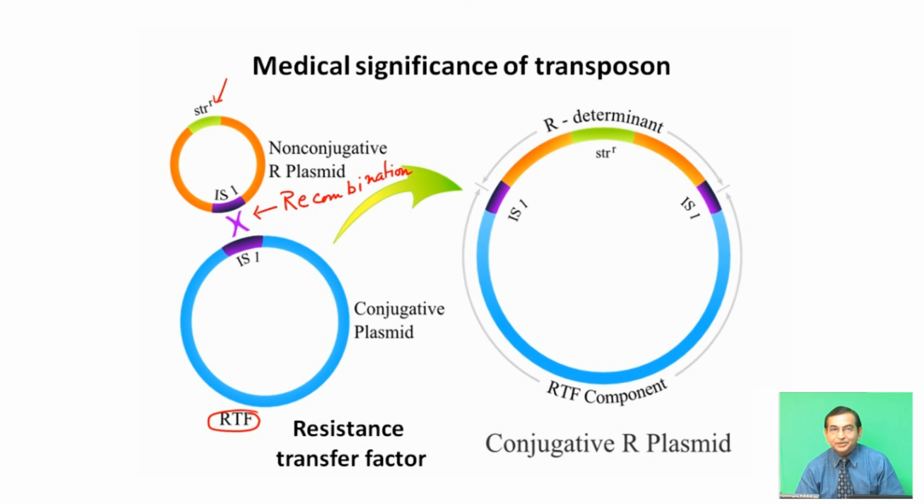This is called the R determinant, so it has two main components, the R determinant, the resistance determinant, and the RTF component. This conjugative R plasmid transfers the resistance gene horizontally to different bacterial populations, as a result of which resistance genes spread by means of transposition and resistance to antibiotics develops. This is one of the most important medical significances of transposition.